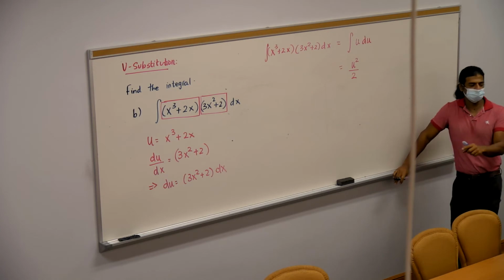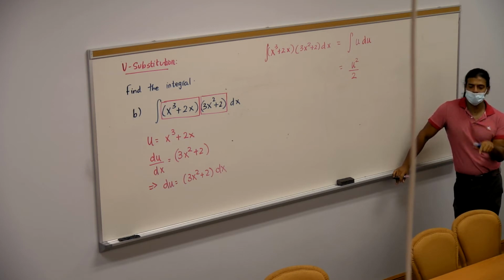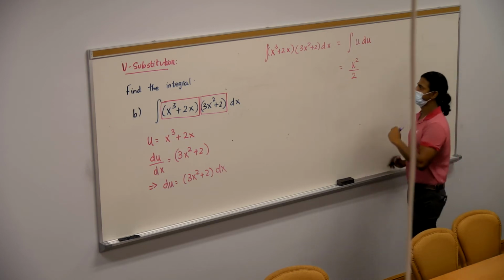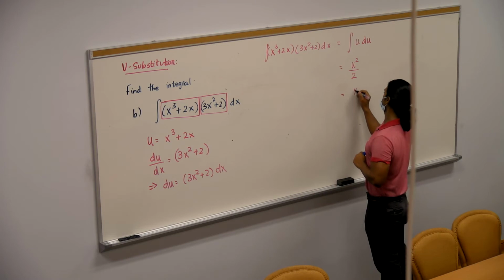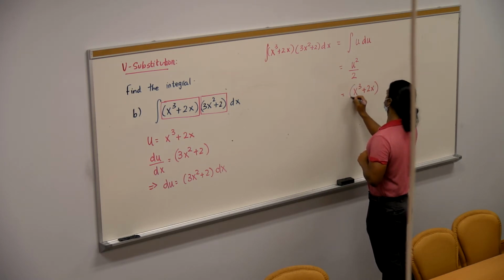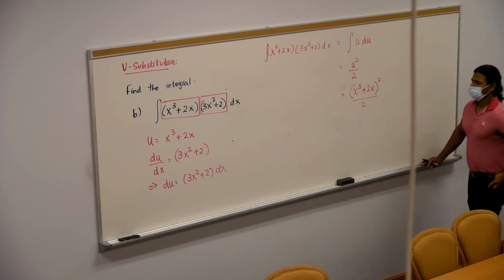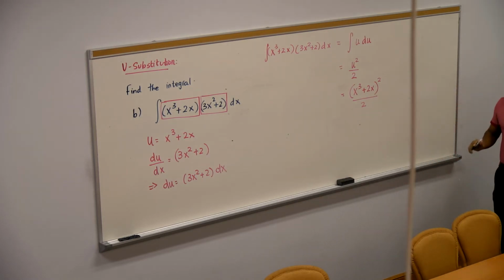We have substituted u to be equal to x cubed plus 2x. So we've got to go back and plug in the substitution. Which would give me x cubed plus 2x whole squared divided by 2.